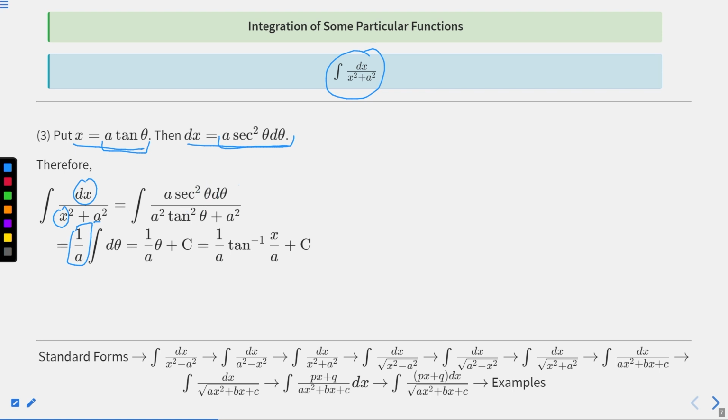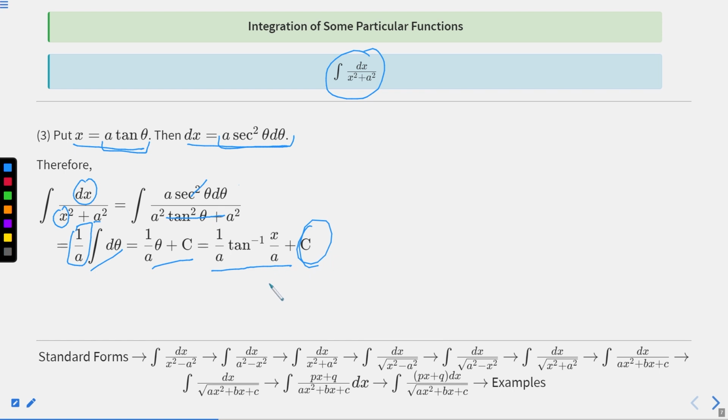So this sec square theta and this whole term will get cancelled. So you are only left with integration of 1 d theta, and this is just theta. So theta by a plus some constant. Theta value will be tan inverse of x by a. So your final answer will be 1 by a multiplied by tan inverse x by a plus some constant.